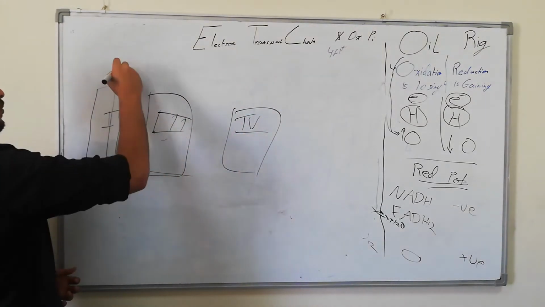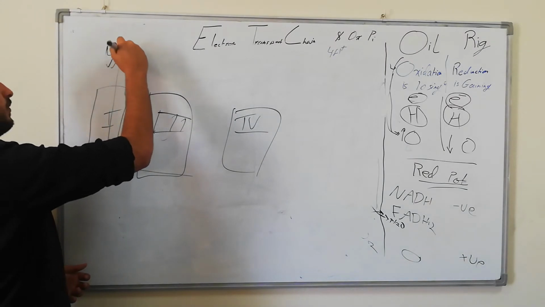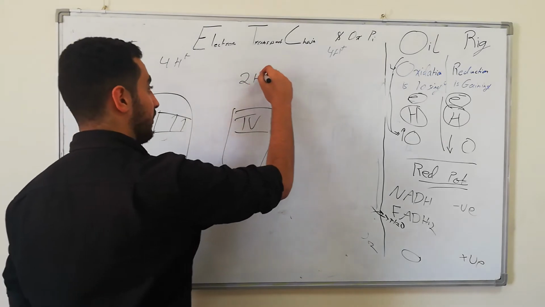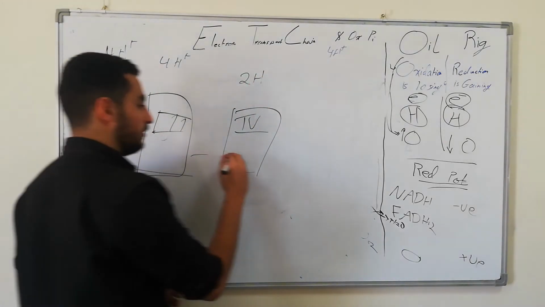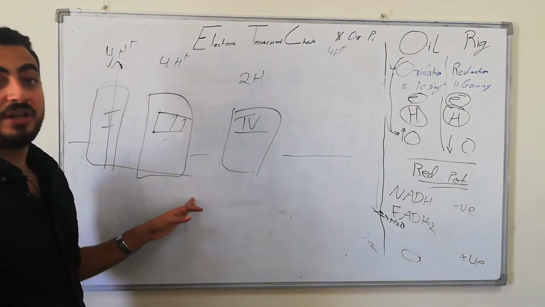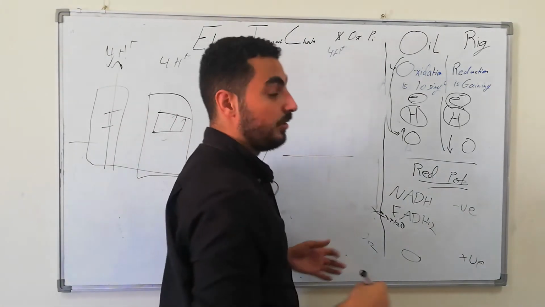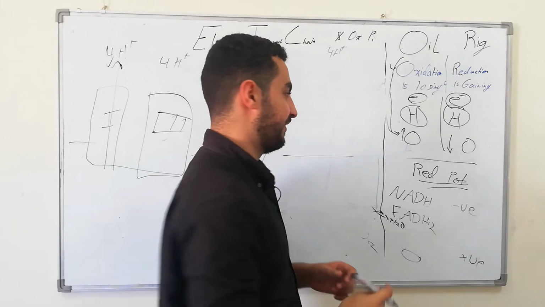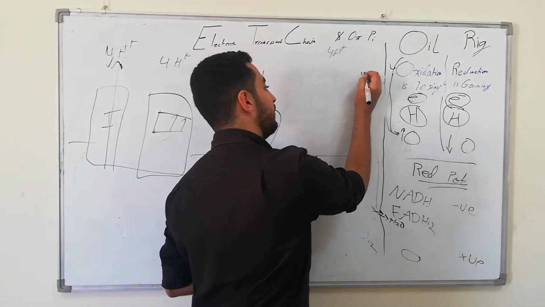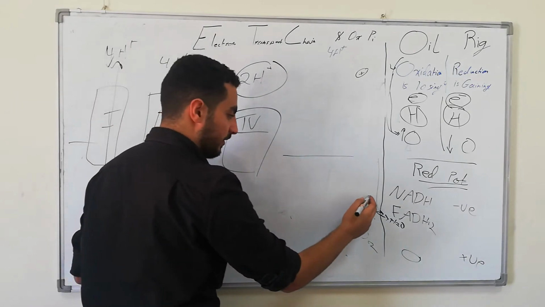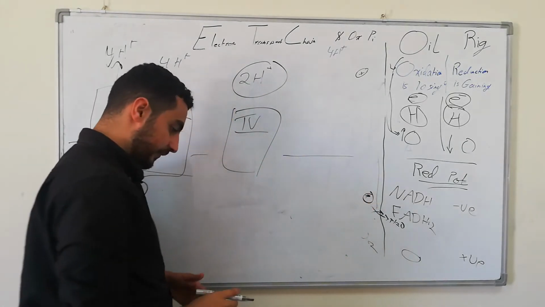So here we pump 4 hydrogens, or 4 protons, and 2 protons. And on the inner membrane there is a membrane potential, also called the mitochondrial membrane potential, where the intermembrane space is very positive because of all these protons, while on the matrix side it's very negative.